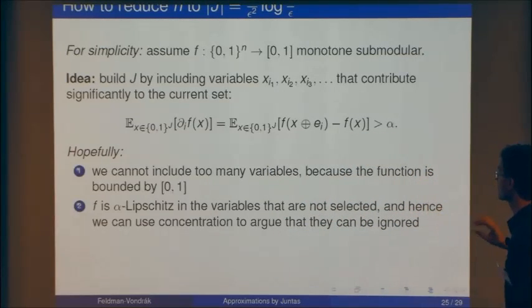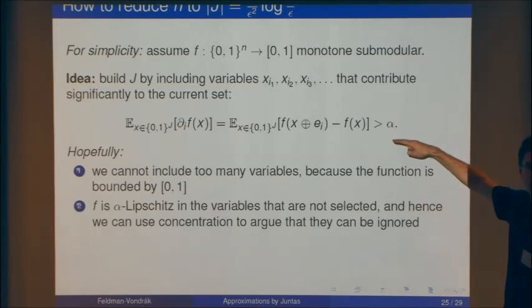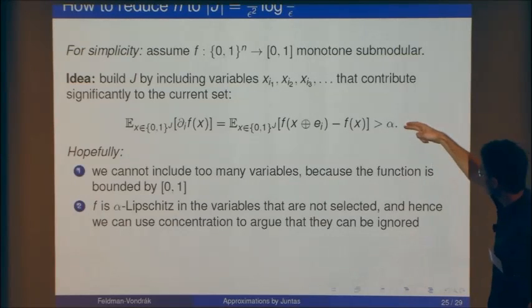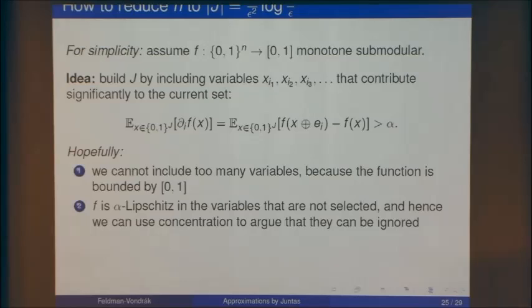Now this looks maybe promising because we cannot include too many variables this way. The value would just accumulate too much. And the purpose of doing this is that the function should be alpha Lipschitz in the variables that we did not choose. So hopefully it will be nicely concentrated there.